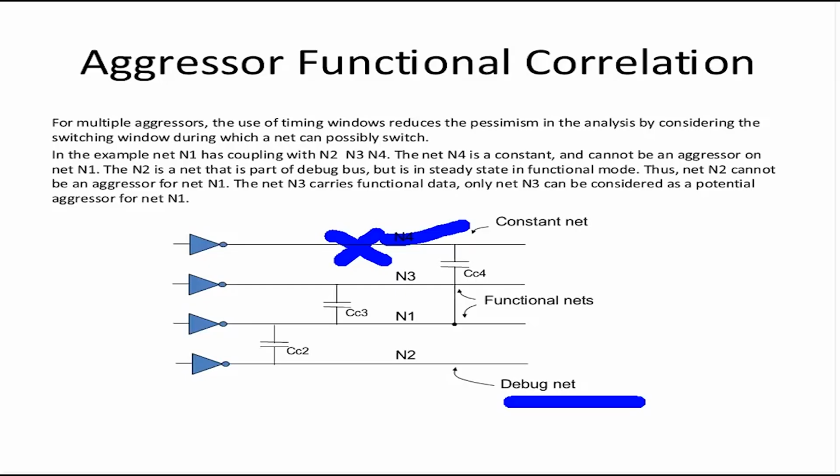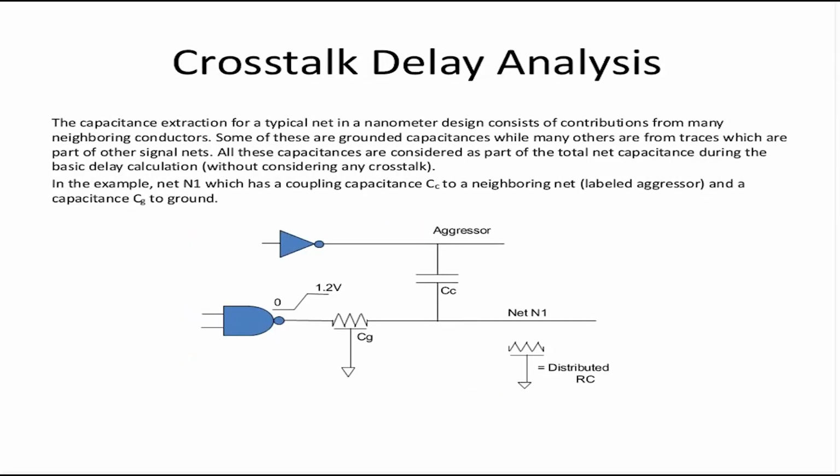PrimeTime will use the same fundamentals it used for delay calculation. It will propagate case analysis for noise also, and make sure that no constant net plays an aggressor. It will also calculate the timing windows and worry about the timing correlation. So this was all about noise.